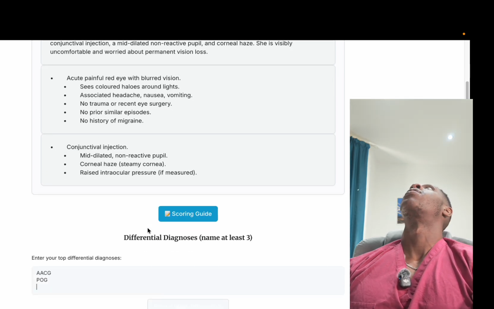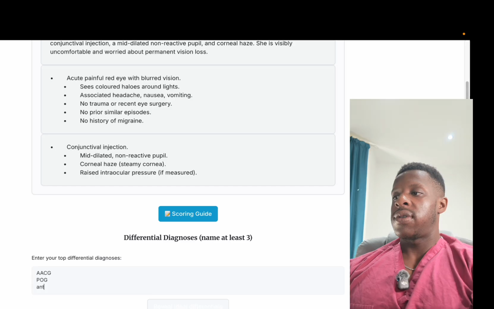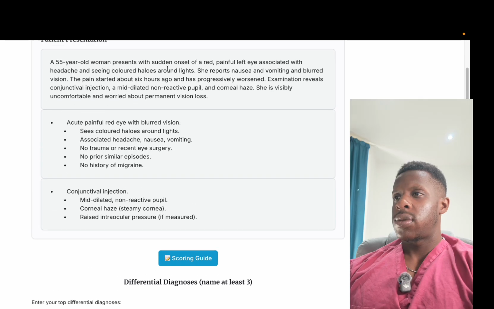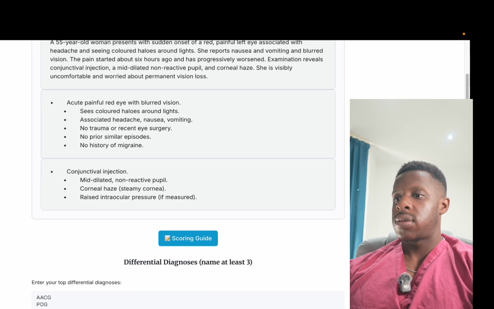What is that one called? Uveitis, anterior uveitis. Episcleritis, scleritis.